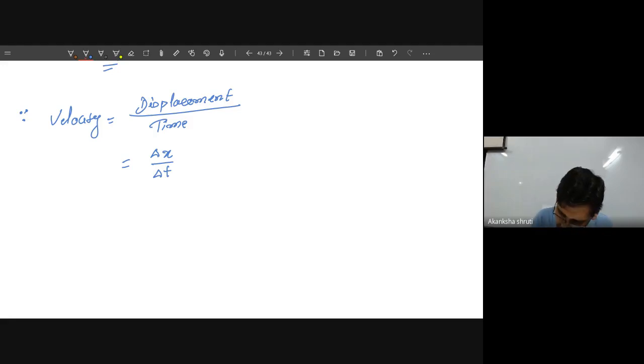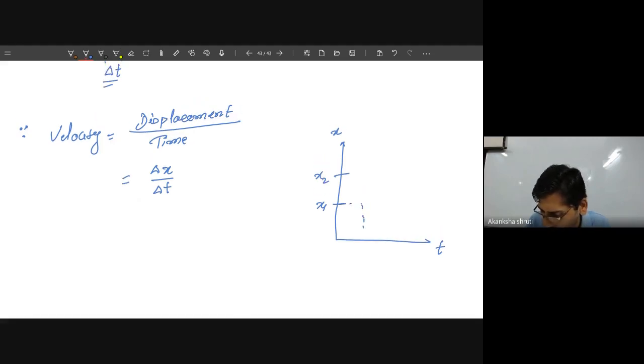So this ratio, this is what? If I plot in the general term, horizontal axis t, vertical axis x. Here I am considering this as initial x1, this as the body has gone to x2. I am considering at t1 it was this one, and at t2 it is this one.